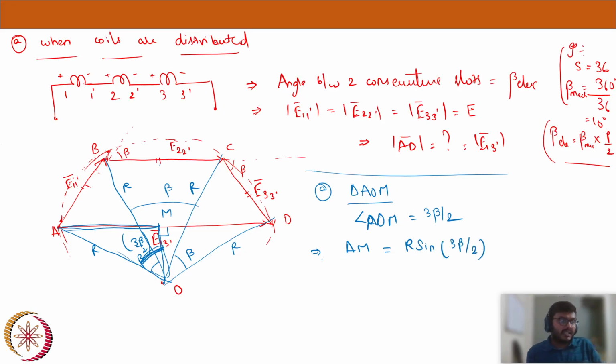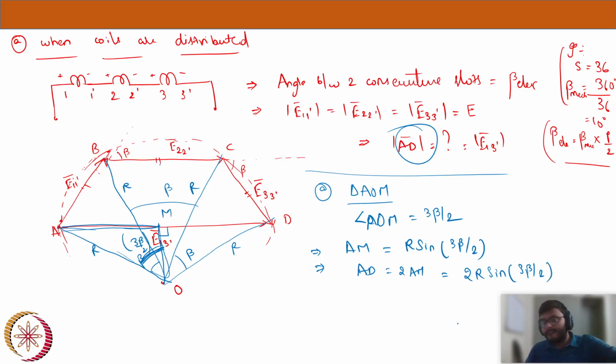AM is half of the resultant, right? AD is what we need. AD is equal to 2 times AM. So AD will be 2R sine 3 beta by 2.